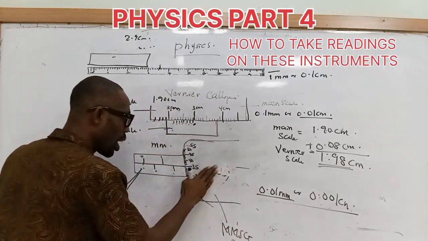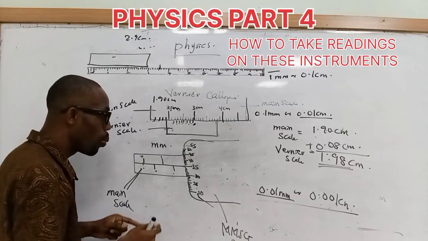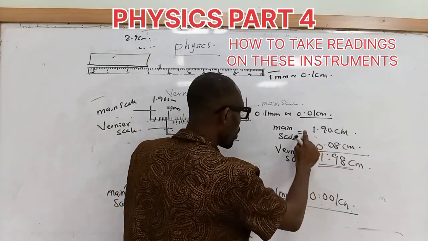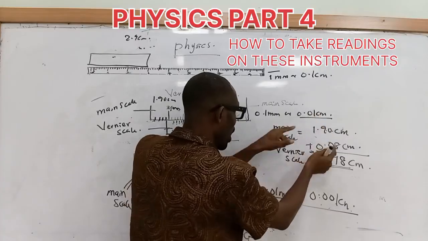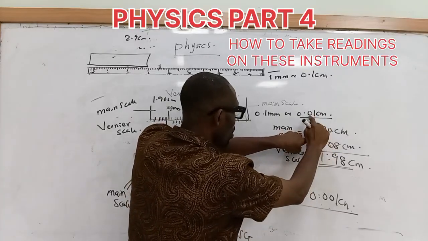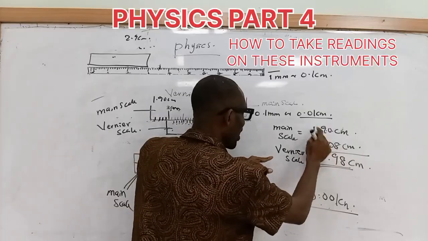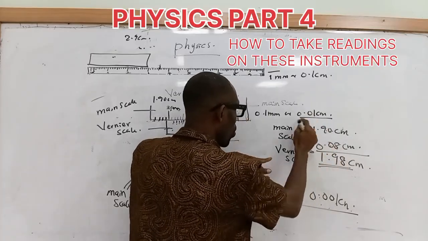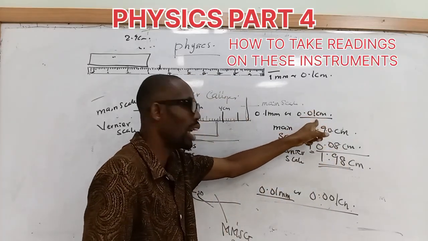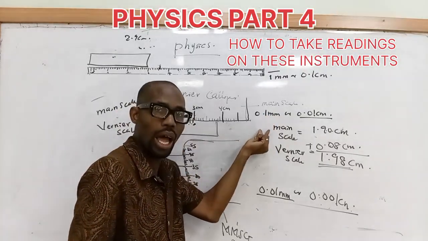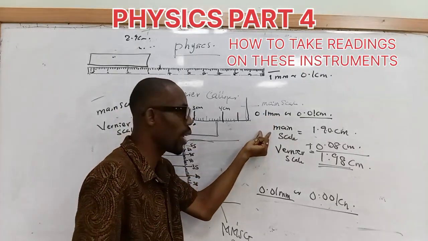We want to take the reading now. So the implication is that you will be looking at the numbers. When you saw 0.01 centimeter, you could see 90 and 0.08, and you could see that it tallies with that number. If it's in millimeter, I will have a similar decimal place number.